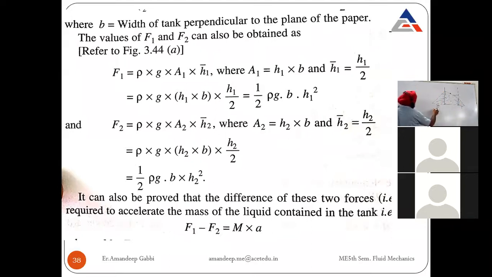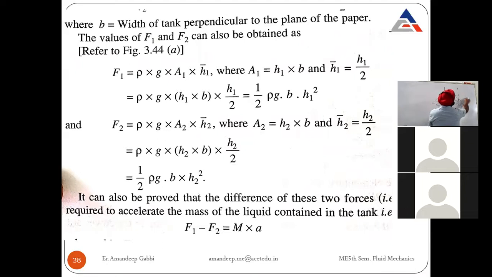Now, there are forces you want to calculate. F1 is the force at the rear end, and F2 is the force at the front end.